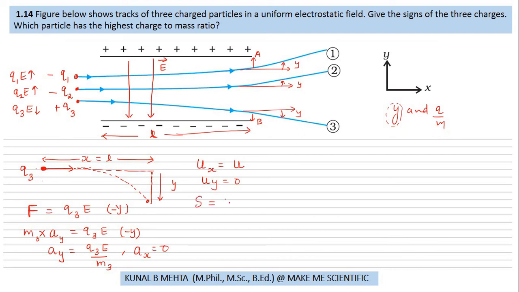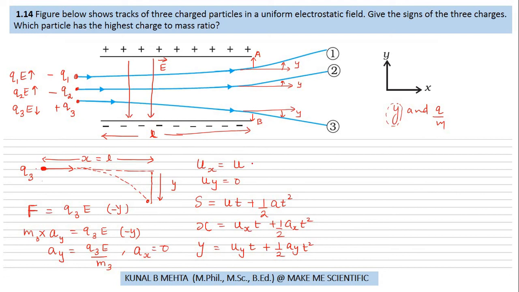We know that s is equal to ut plus half at square. This is the equation we have been studying from grade 9. And if I split this displacement, where s is the displacement, along x-axis and y-axis, this equation will be uxt plus half axt square, and this becomes uyt plus half ayt square.